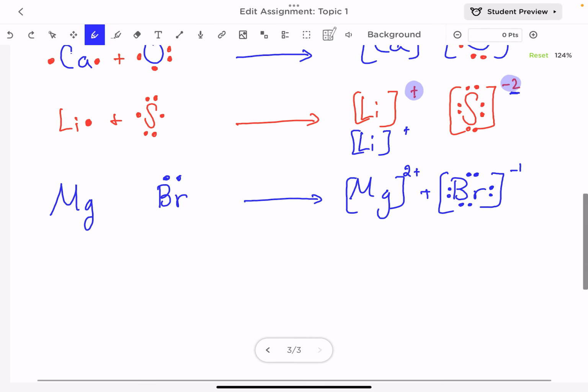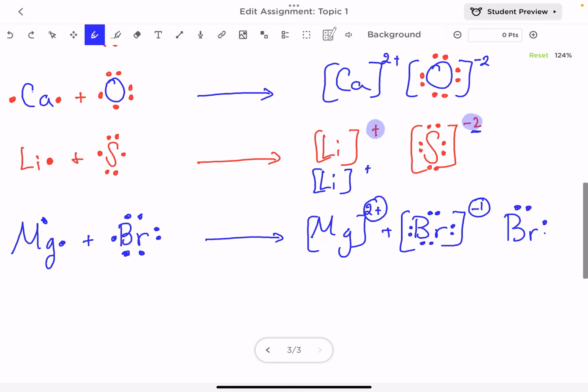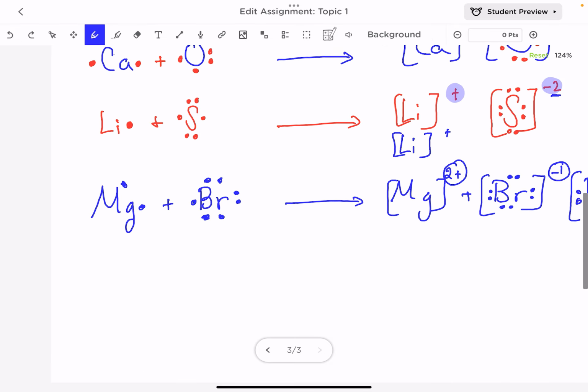Now, bromine was in group 17 with 7 valence electrons, and magnesium belonged to group 2. For this one, I have 2 pluses, but I only have 1 minus. It means the minus is less. So you write 1 more Br to neutralize the compound, because in an ionic compound, the charge must always be equal to 0. So having 1 Mg and 2 Br.